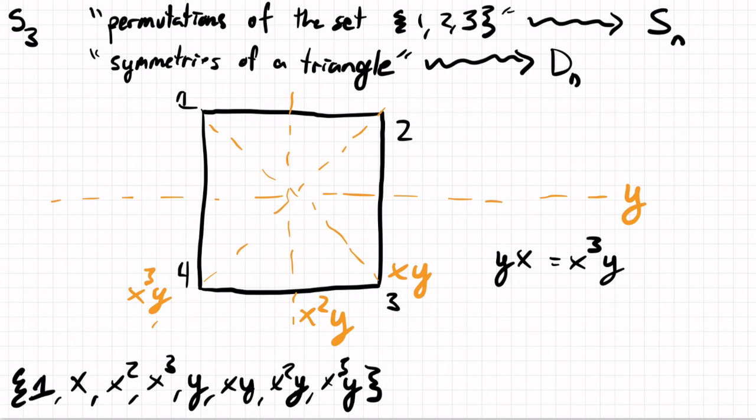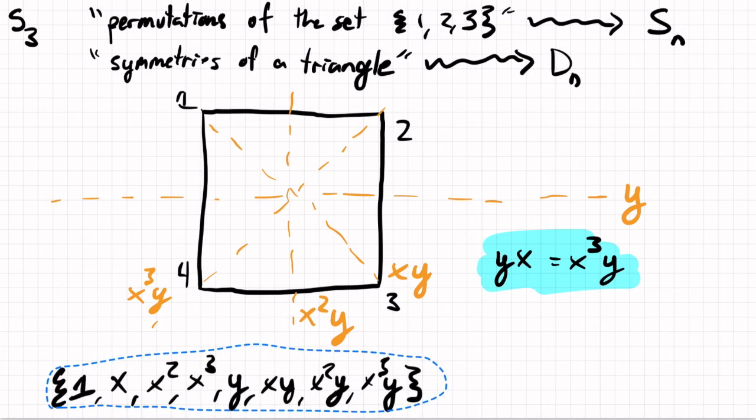So we have this relation right here. And so we call this the dihedral group. It's called D4, D3 being the same as the symmetric group.